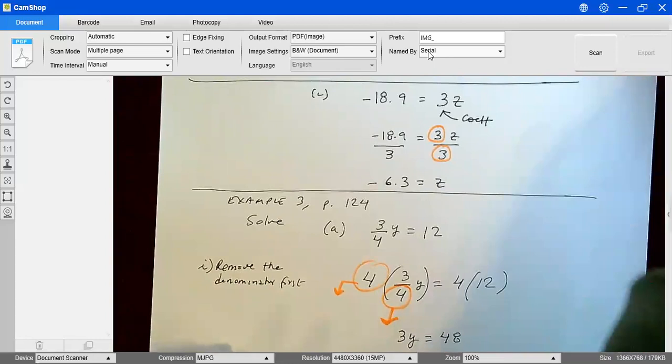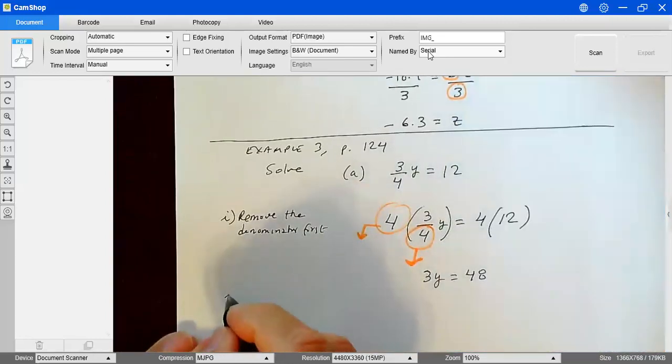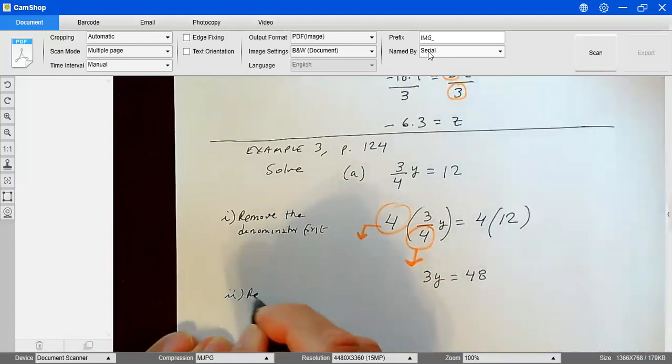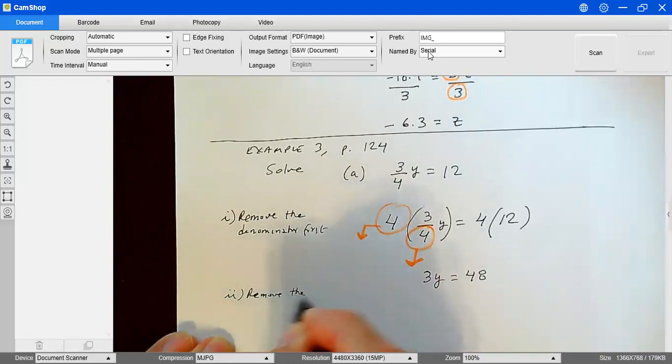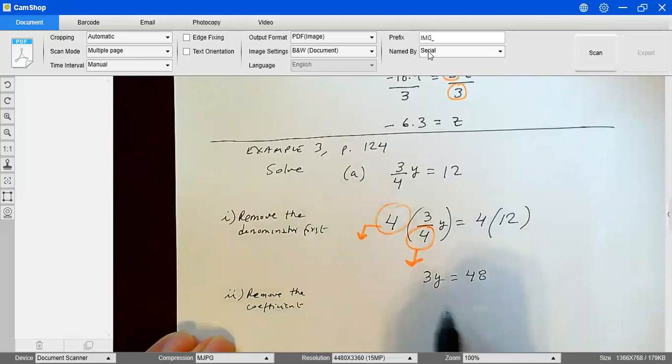Now the next step is we need to remove the coefficient, because remember, we are isolating the variable. So we have 3y equals 48. The coefficient is 3, so I need to divide by 3 on both sides of the equation.